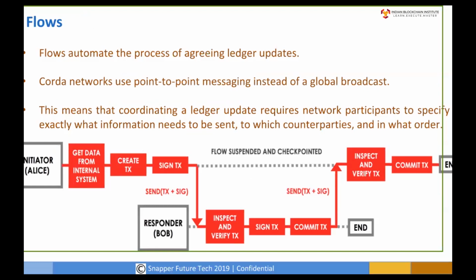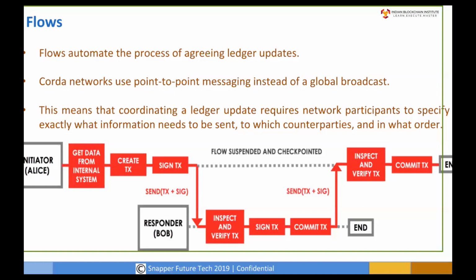So what are flows? Flows are a very important part of Corda. Flows automate the process of agreeing ledger updates. The Corda network uses point-to-point messaging instead of global broadcast. This means that coordinating a ledger update requires network participants to specify exactly what information needs to be sent to which counterparty and in what order.